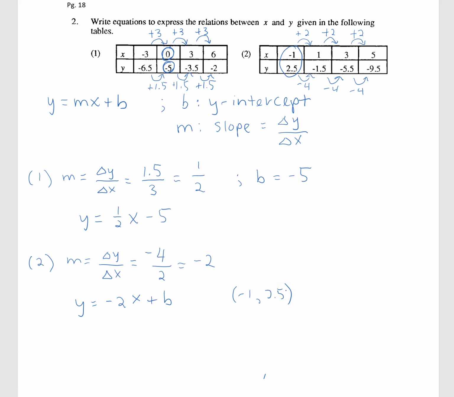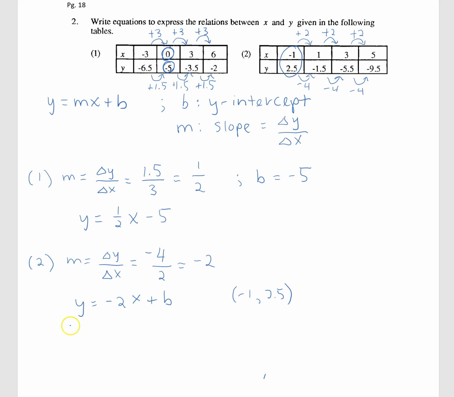I can plug in these values for x and y into the equation I have, and then solve for b. Plugging in any one of these points should give the same value for b, so you can check your work by plugging in other points as well, but we're just going to do this one for now.